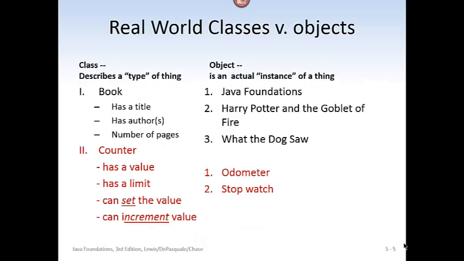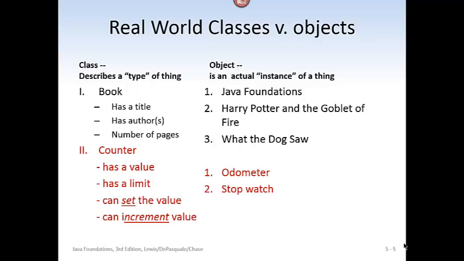All right. So the class describes a type of thing. For instance, I could describe class book. I would define class book to have a title, to have an author, to have a number of pages. And then I could create as many objects as I need from that blueprint.